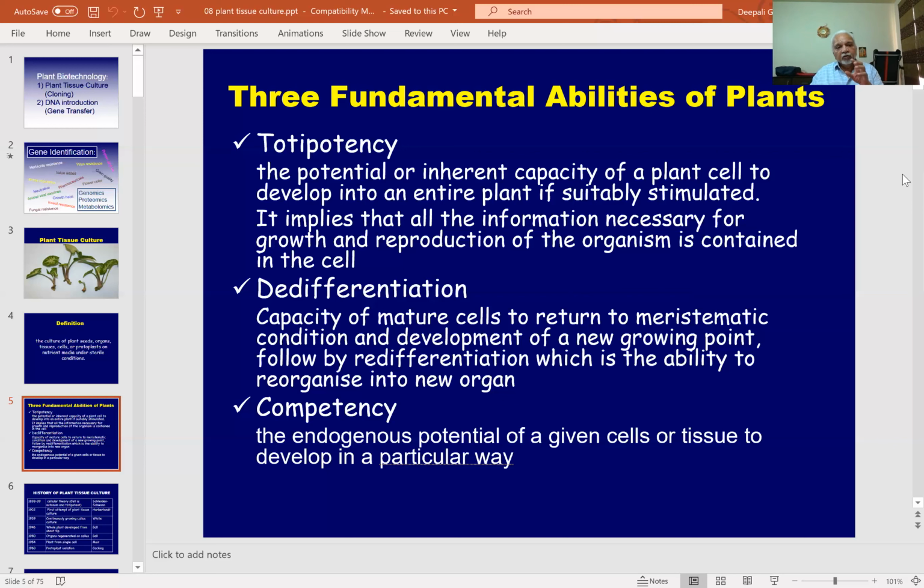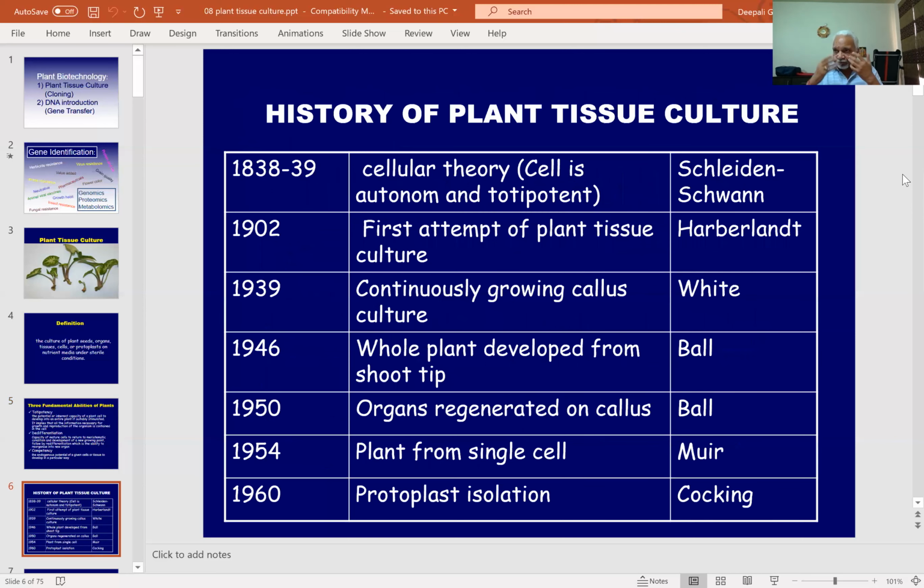Okay, so if we see the historical part of plant tissue culture, it all started with the cell theory, which was given by Schleiden, that the cell is autonomous and totipotent.